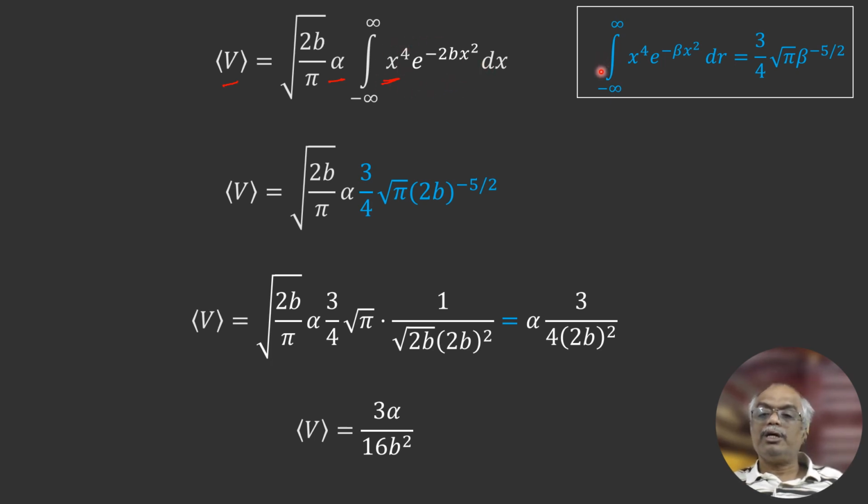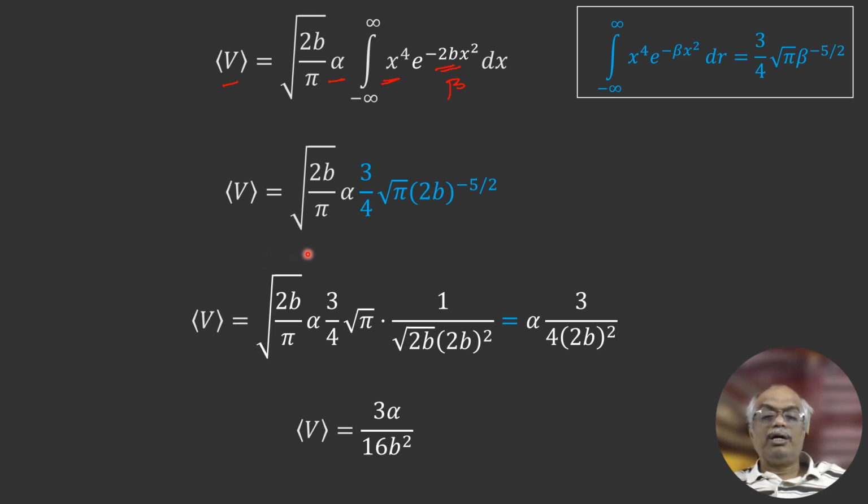So from Gaussian integral, value of this integral is 3 pi by 4 square root of pi beta minus pi by 3. Here beta is 2p. So for this integral, I am replacing 3 by 4 square root of pi 2p minus pi by 2.